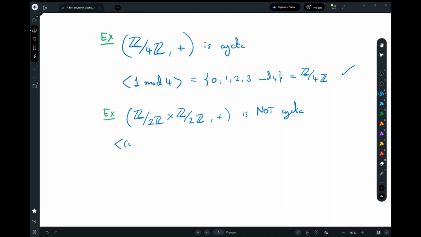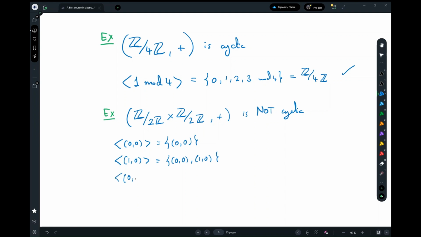So what happens if I generate with the identity? I just get this subgroup that is not the entire thing. What is the subgroup generated by this element? Well, I get the identity and also itself. And then when I add it to itself, twice this element is 2, 0, which is 0, 0. So that's all I get.